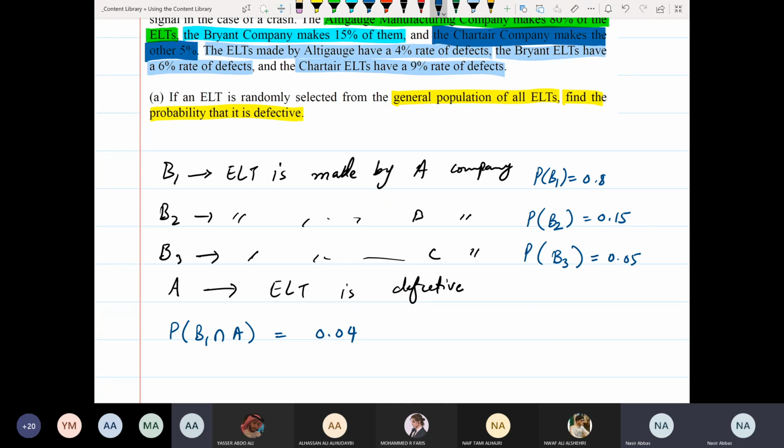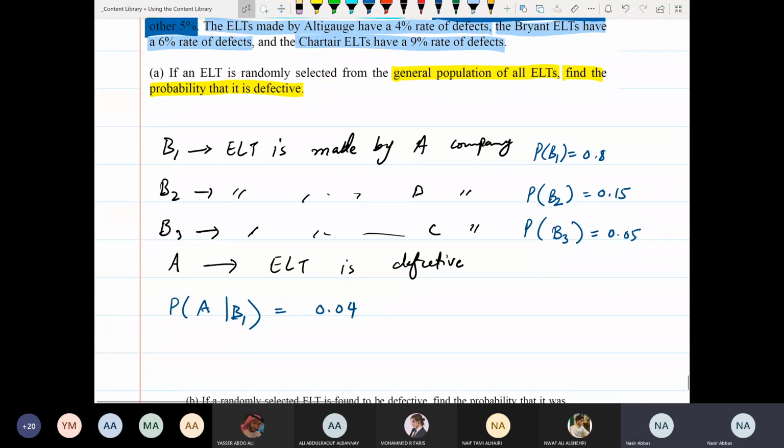It is A given B1. It is the defect rate within company A. Similarly, the defect rate within company B is A given B2. That is 6%. And similarly, probability of A given B3 is 9%.